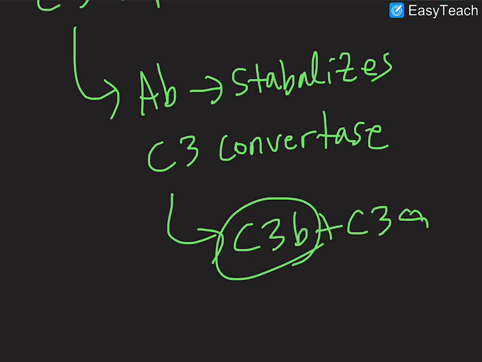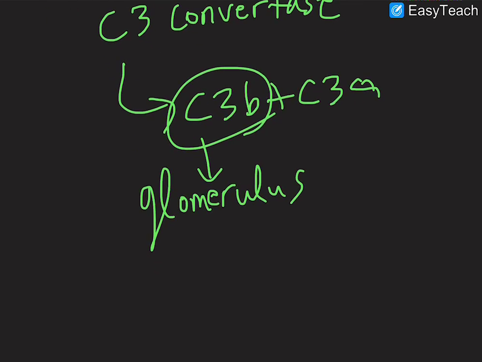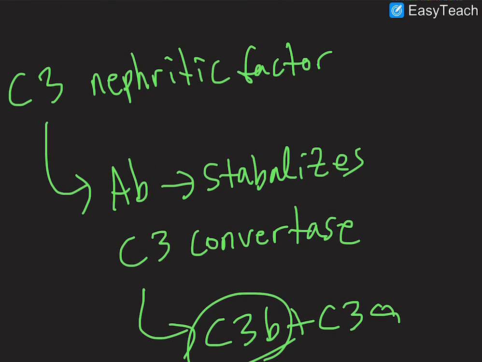And then all this excess C3b can go to your glomerulus, and like we saw, can damage your kidneys, right? So that's another way that you can get increased C3b deposition into your glomerulus, okay? And we'll actually talk about C3 nephritic factor when we talk about something called membranoproliferative glomerulonephritis, okay? Which we'll talk about in our renal playlist too.